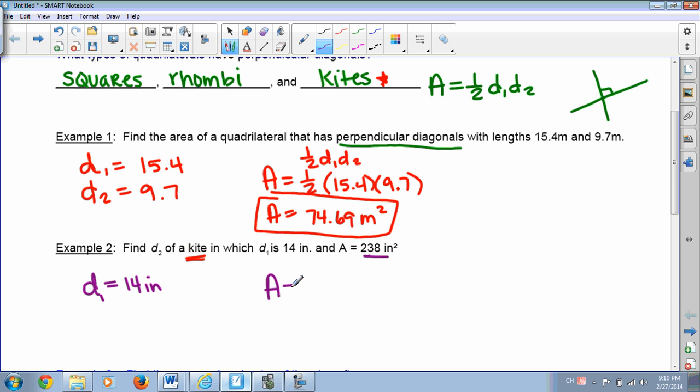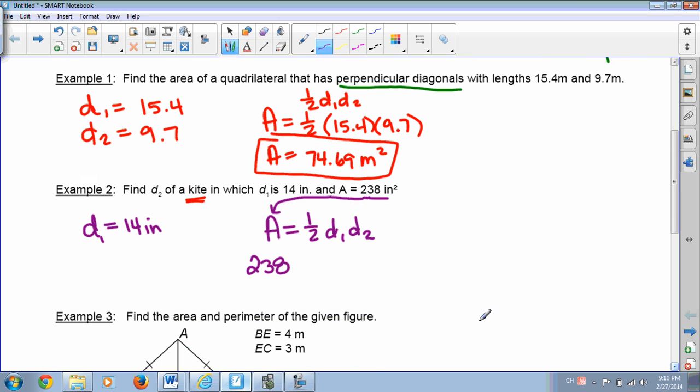So remember, our formula is area is equal to 1/2 D1 times D2. So I already know that our area is 238, so I'm going to plug that in. That's equal to 1/2 times D1, which the problem told us was 14. But I don't know what D2 is.